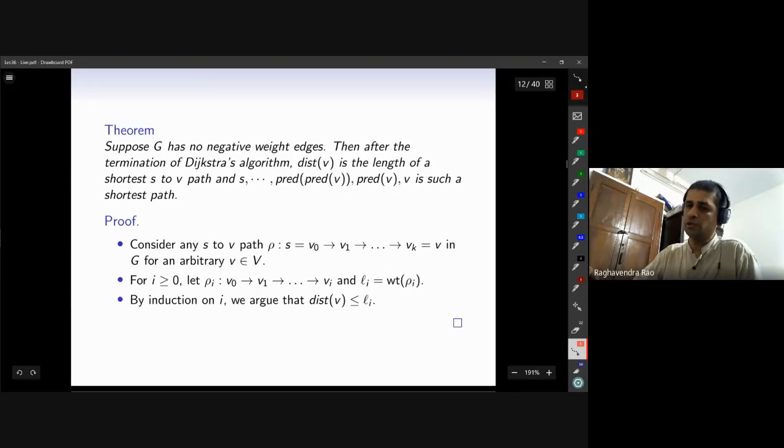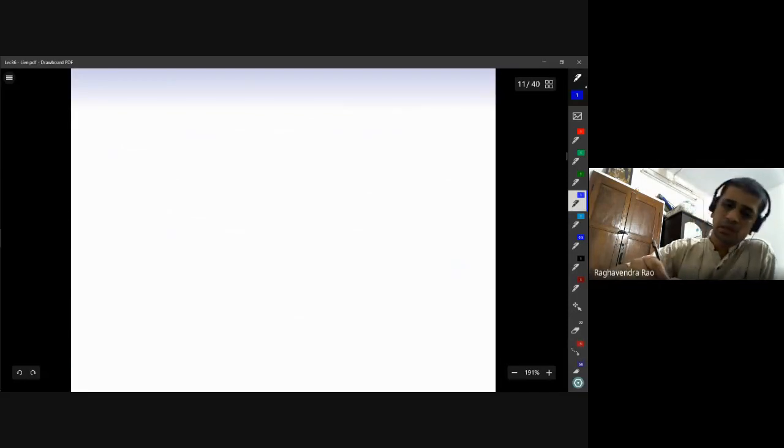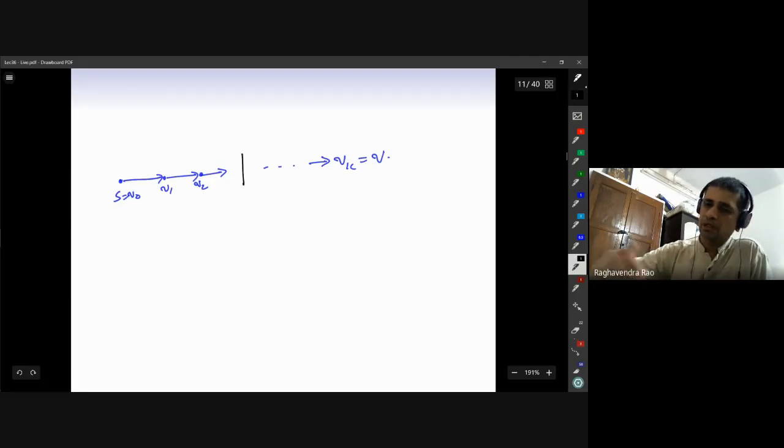So you look at this path: s is V0, V1, V2, etc., Vk, which is V. You stop the path at the ith location, and call this rho i.